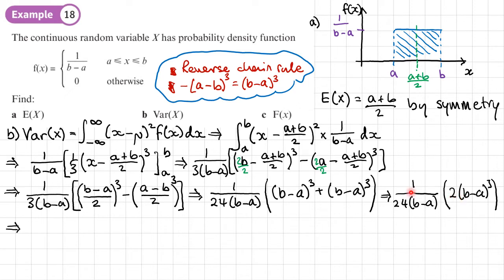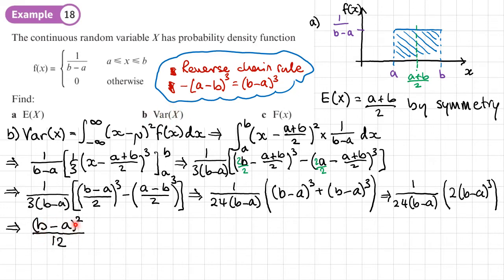So we've got 2, this denominator now will become 12, and also we can cancel out a b minus a from the cubed with the b minus a at the bottom, and then the whole thing just becomes b minus a all squared over 12, which is what we'd expect it to be.